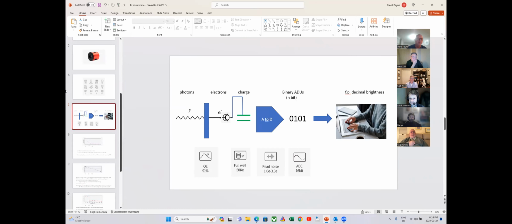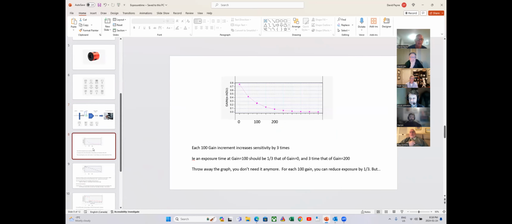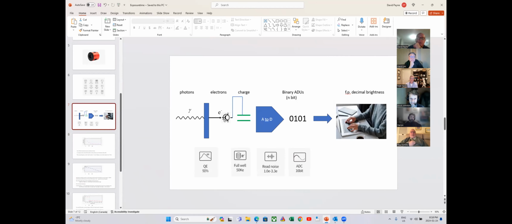Okay, when you go to 200 gain here, now you're getting like 0.08 electrons per ADU. So it only takes 0.08 electrons generated here to generate an ADU. So this means, again, you get a multiplication factor of 3.